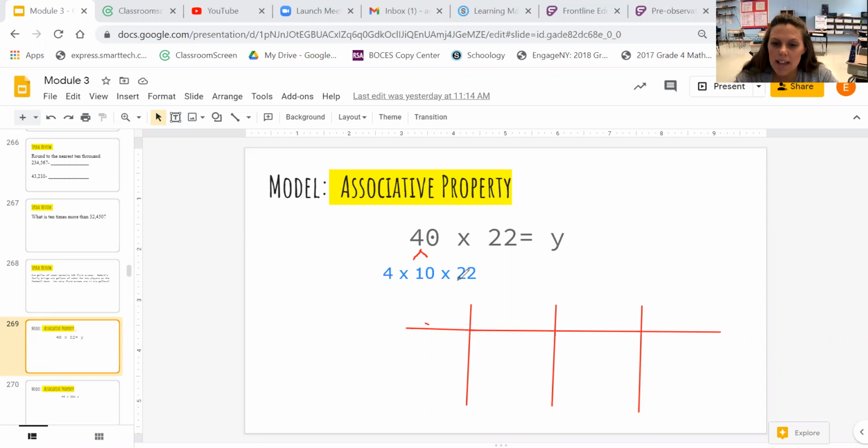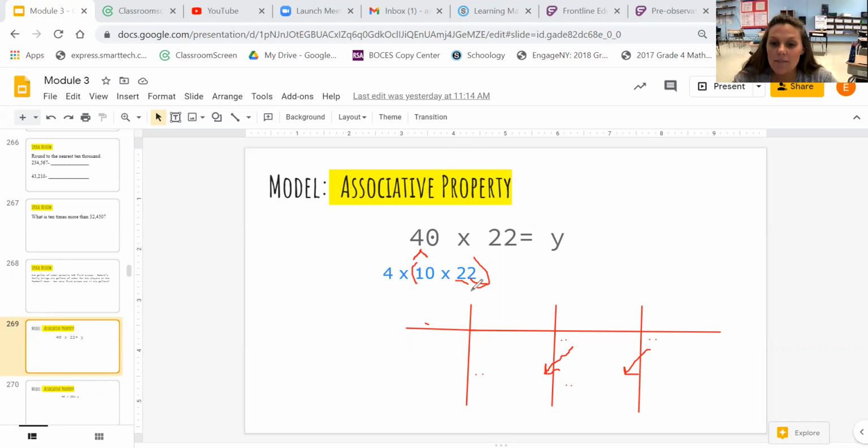So 22 means I have two tens and two ones. And I'm multiplying that by 10. If I'm multiplying it by 10, that means it's 10 times bigger. Each digit moves over one place value to the left. So now those two ones become two tens, and those two tens become two hundreds.